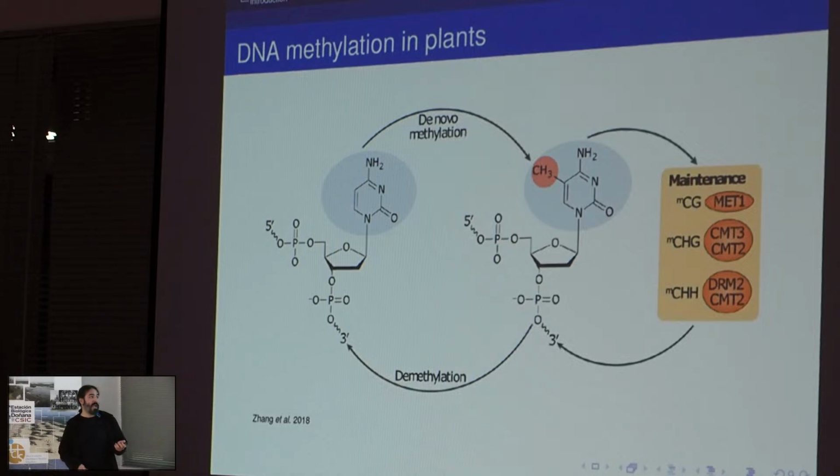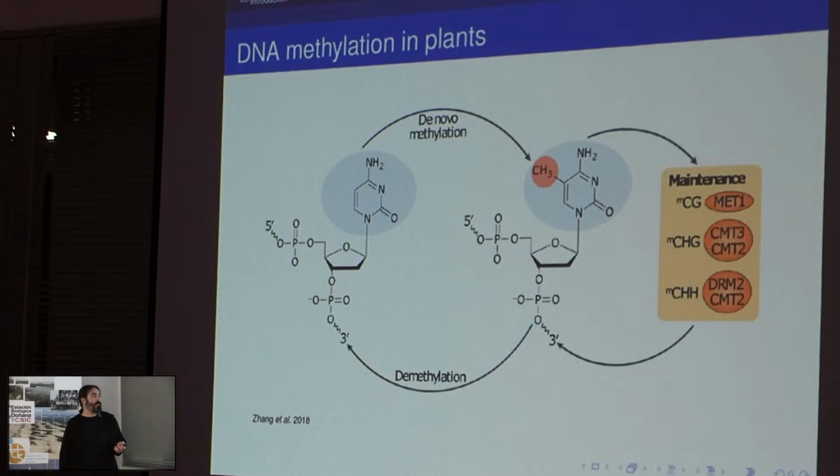However, in plants we have another 2 additional methylation contexts, CHG and CHH. The H is any nucleotide but G. Curiously, their methylation maintenance and de novo methylation are controlled by different DNA methyltransferases in plants.